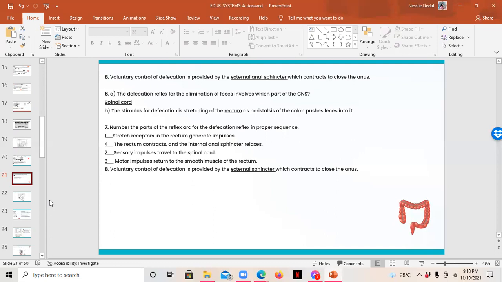Number 3 is motor impulses return to the smooth muscle of the rectum. And last, number 4, the rectum contracts and the internal anal sphincter relaxes. Number 8, voluntary control of defecation is provided by the external sphincter, which contracts to close the anus.